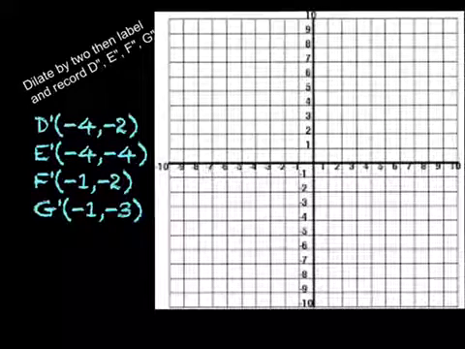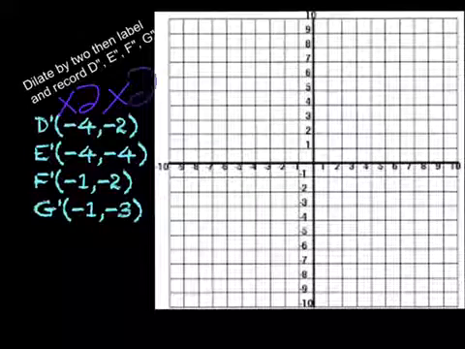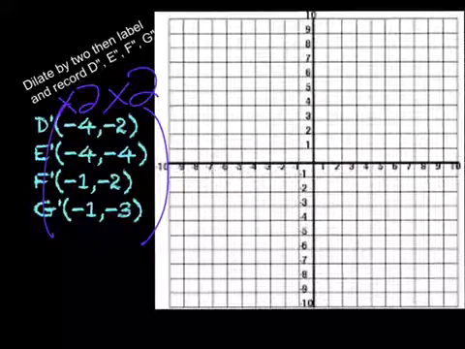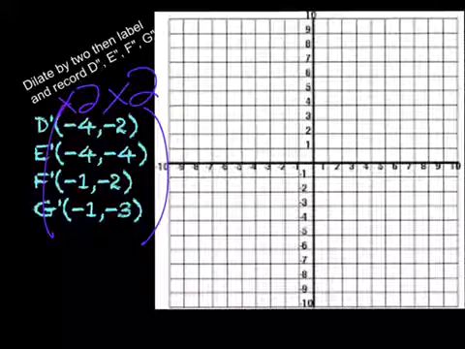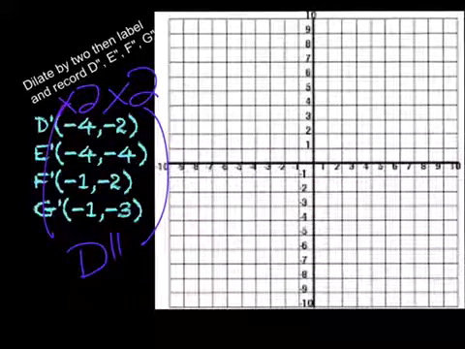Now we will dilate by 2, meaning multiply each number over and up by 2. So it would be times 2, times 2, all the way down. So -4 times 2 would be -8. So the new D prime, oh wait, where are those two lines?